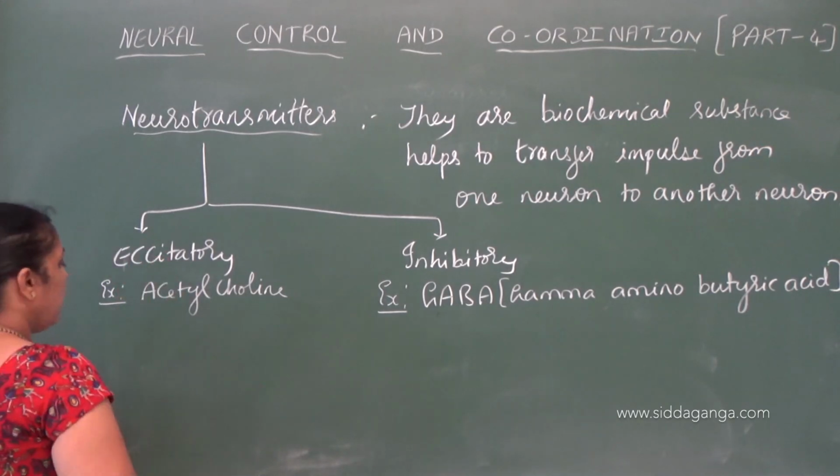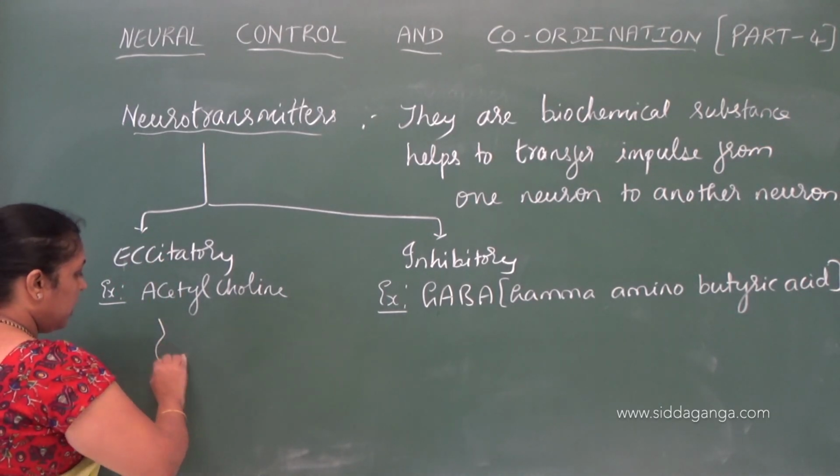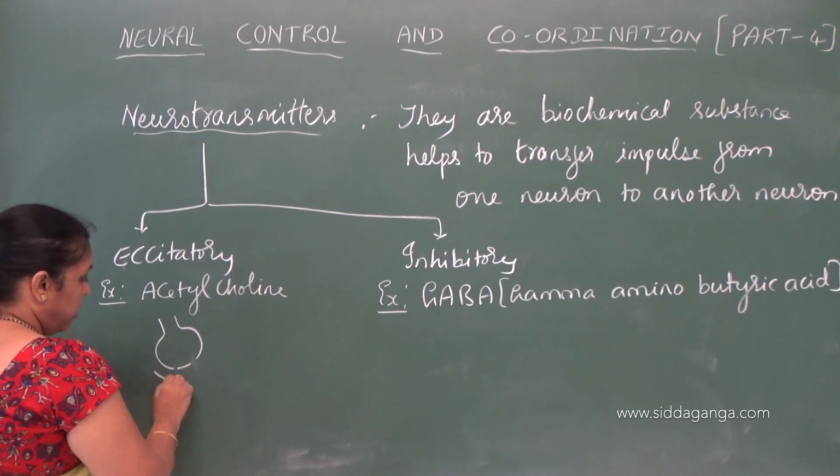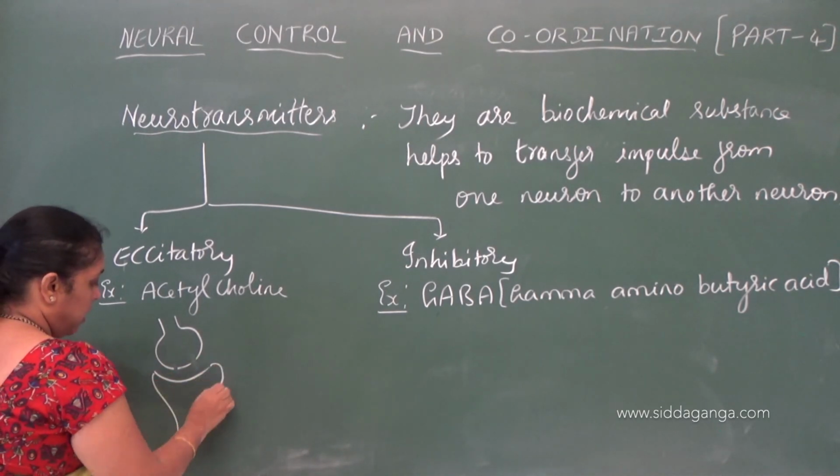So what does excitatory do? See, this is synaptic node and this is dendron.